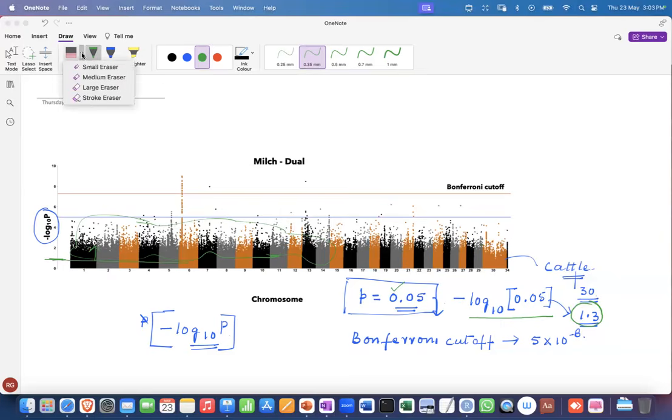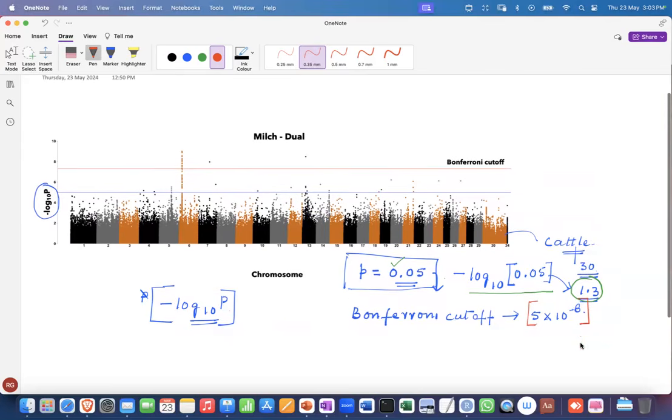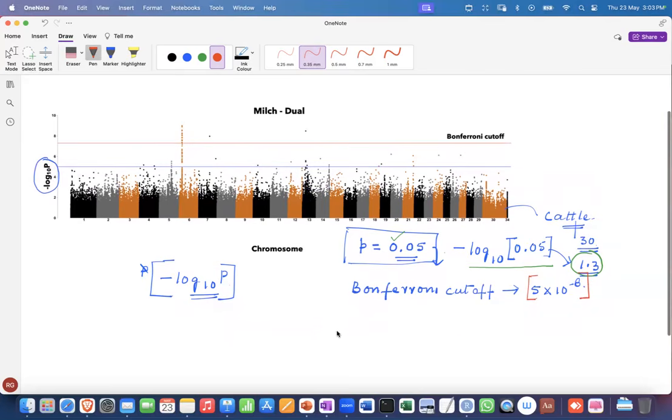You should understand why we take Bonferroni now, right? What did we do? We took Bonferroni as a value of 5 into 10 to the power of -8. Now we'll take a minus log 10 p of Bonferroni.